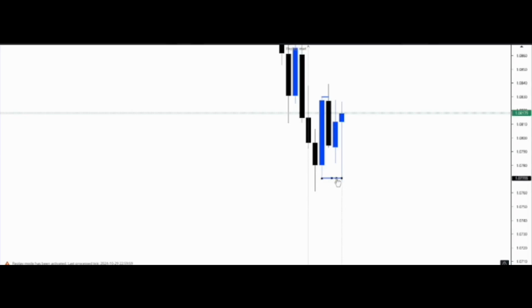Something has happened here. There is a candle sweep here of this low. It swept this candle. Can we go back to the lower time frame and see whether we could have taken any advantage of this zone? Let's get back to the 15M.